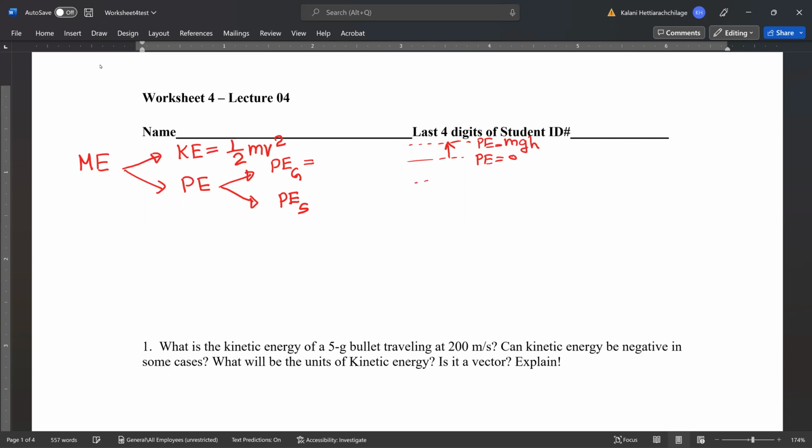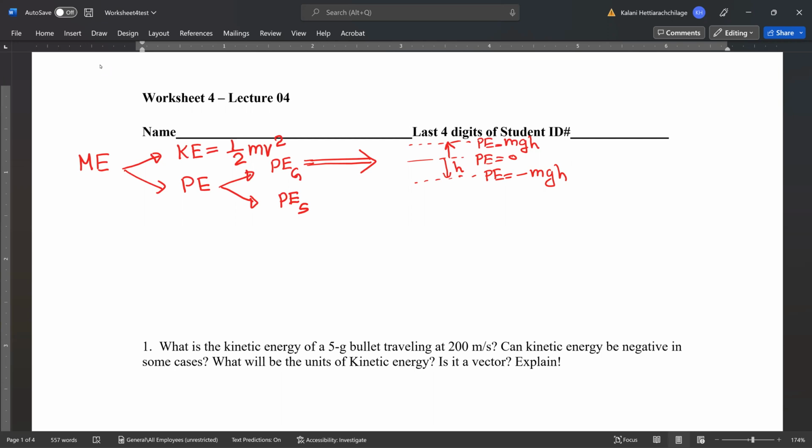But if you need to find the potential energy at some depth compared to your potential energy 0 point, if this is h, it is again mgh, right? So that is the potential energy due to gravity, the information about the potential energy due to gravity, right?